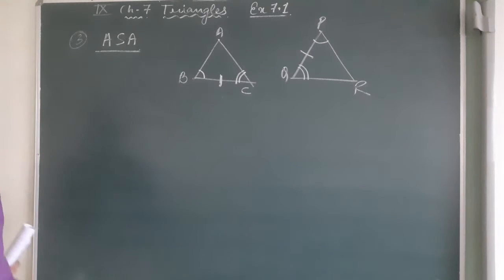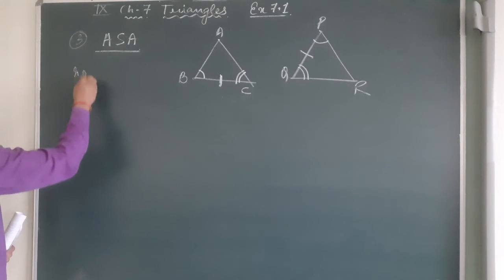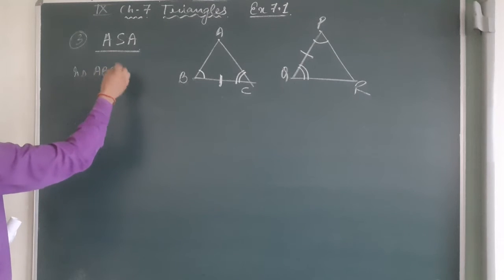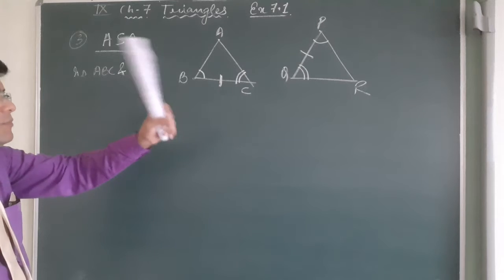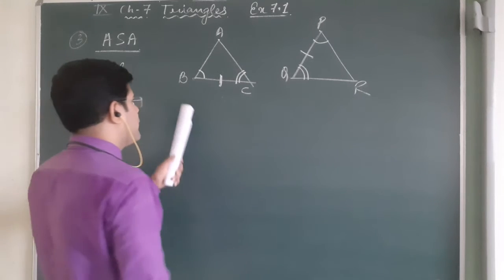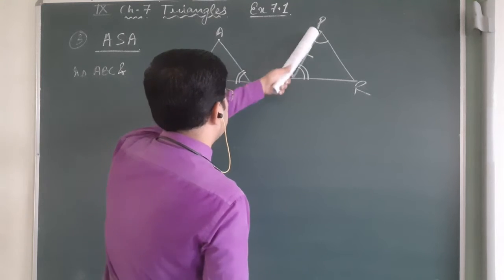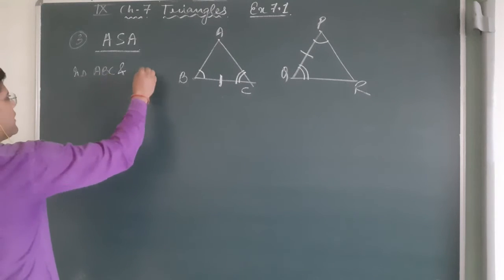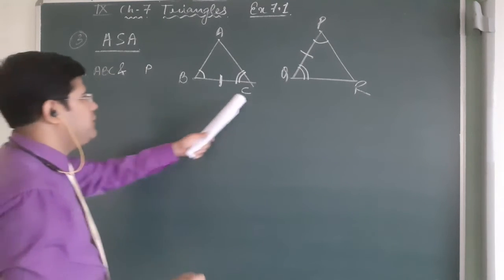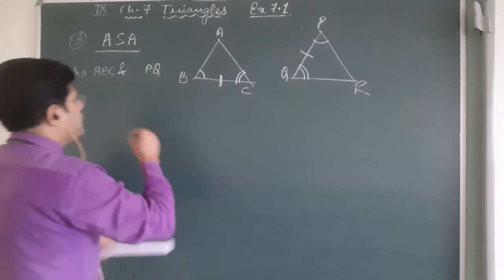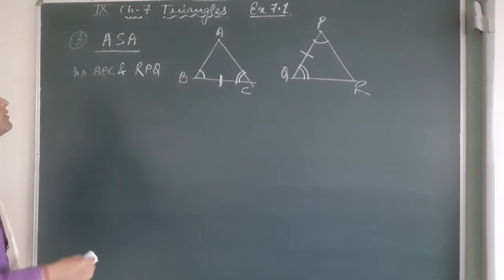So here in triangle ABC, the first thing you can write, but in the second, the corresponding part must be on that corresponding part. So here B is the first part, so at the place of B we can write P, and at the place of C we can write Q. And the remaining part R is in the first place because that is not equal.